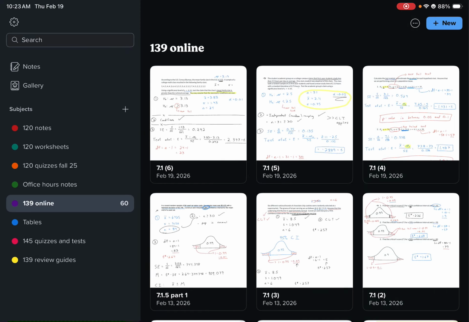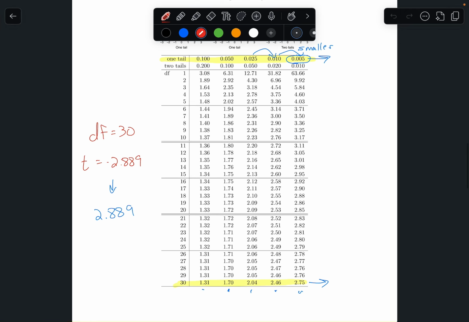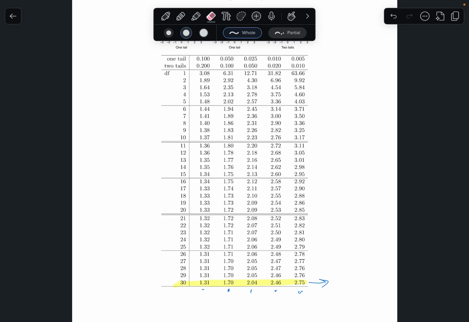Hopping over to my t-table once more, let's erase and start fresh, so we don't get confused by anything I wrote earlier. Okay, we said our degrees of freedom are 23, and our test statistic was t equals 2.397. Degrees of freedom are 23, so we're looking at this row right here.